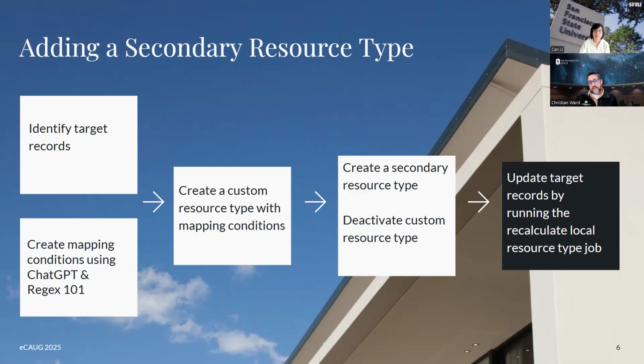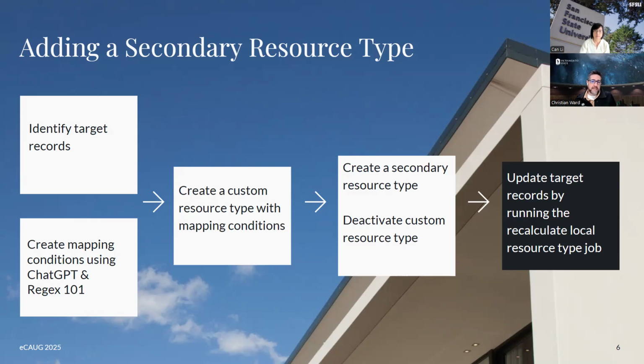After you've identified targeted data and created your mapping rules, the next step is to create a custom resource type with those mapping conditions. Because comics are not an out-of-the-box resource type, we have to first create one to be able to associate it as a secondary resource type.